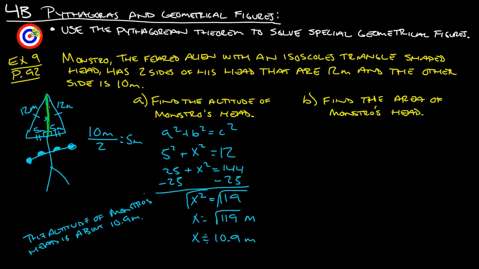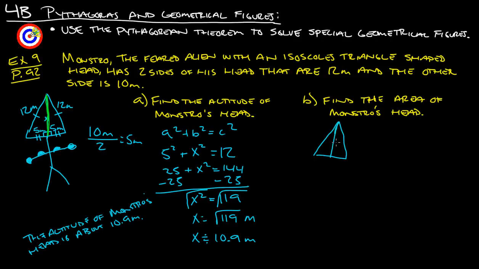To find the area of Monstro's head, it's basically two triangles, right? So we can find the area of each triangle, or you could just find the area of the big triangle, because you have the base, and we now figured out what the height is, so let's just do that. Let's redraw Monstro's head.